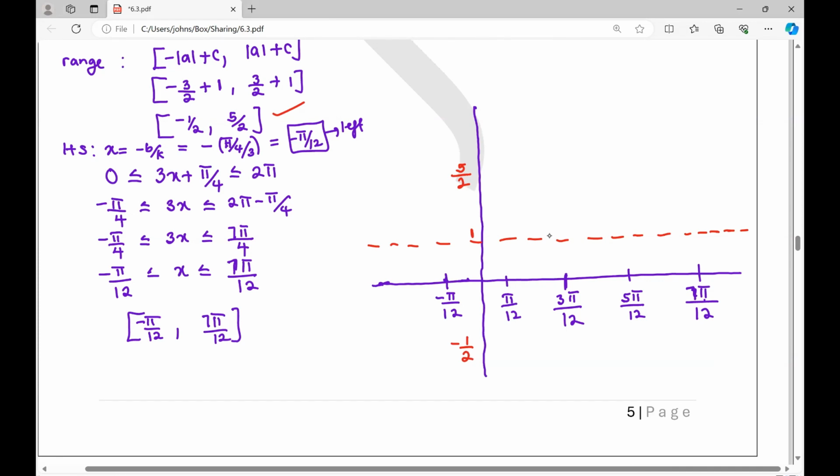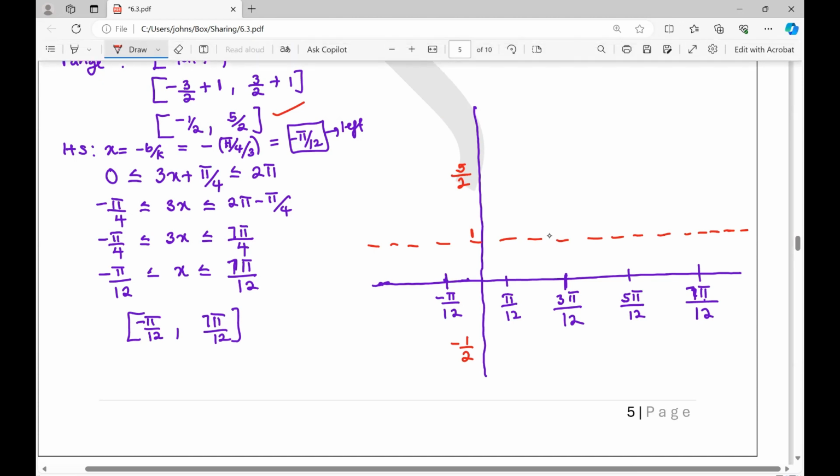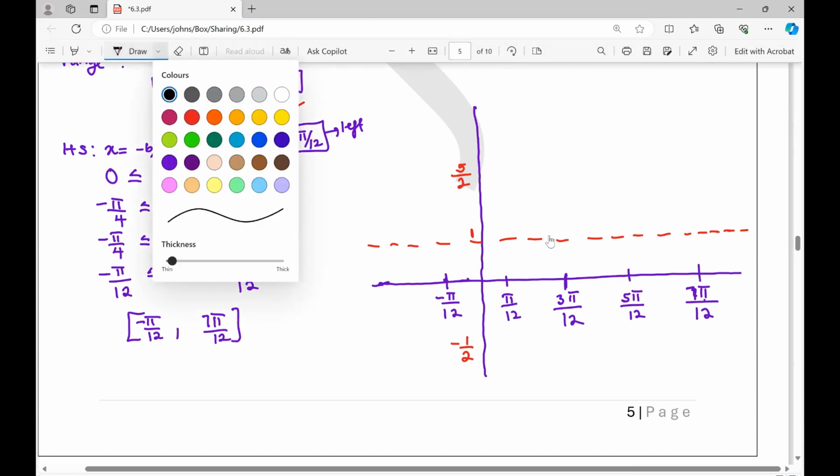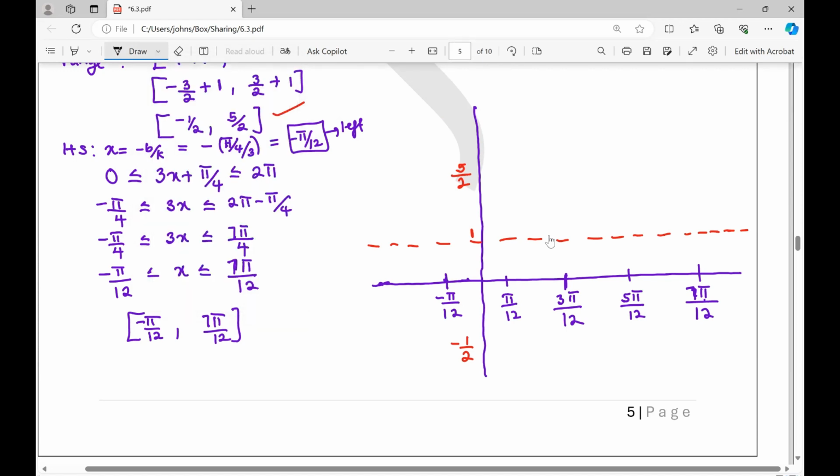All right. So now to plot our points, how do we plot the point? Remember, this is the graph of sine. The graph of sine, we always start from the origin. But in this case, our origin is not 0, 0, but from minus pi over 12. And because we have shifted the graph 1 unit up, this will be our first point. So this is our baseline. We are no longer on the line y equals 0.